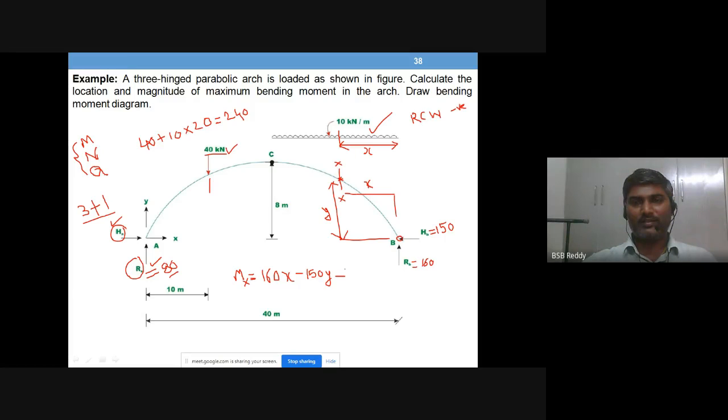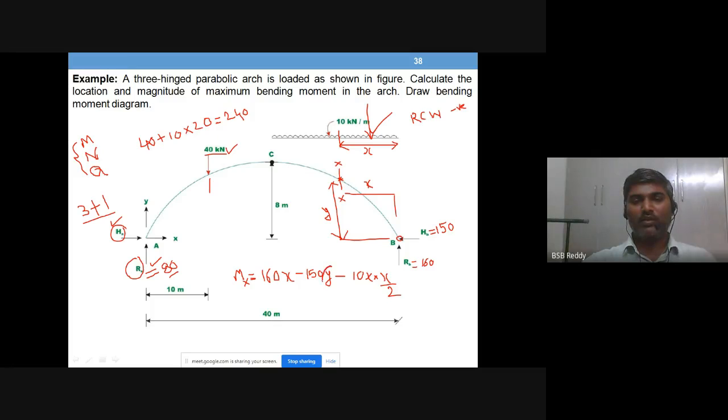So minus 10 into distance, I mean to say span is x. So 10 into x is total load, which will act at the center of x. So distance between section and the load is x by 2. Right, this is M_x.